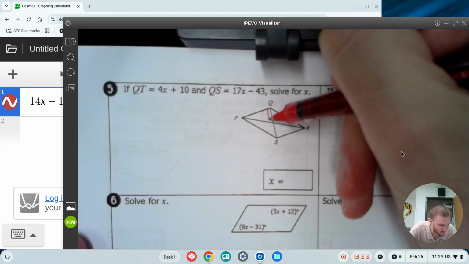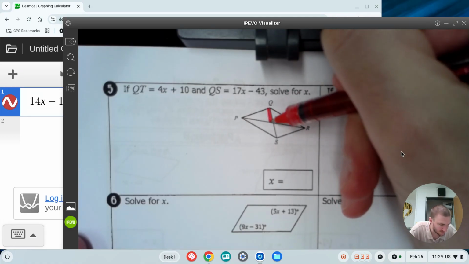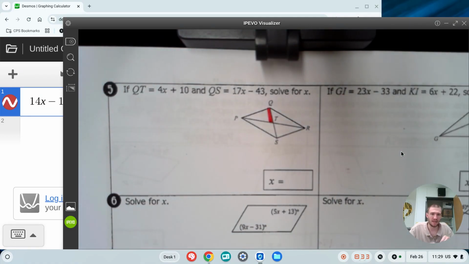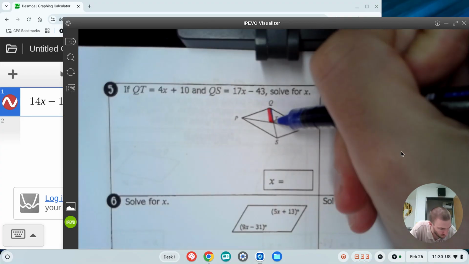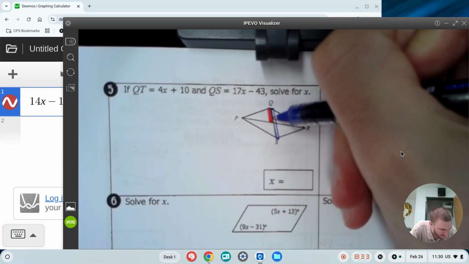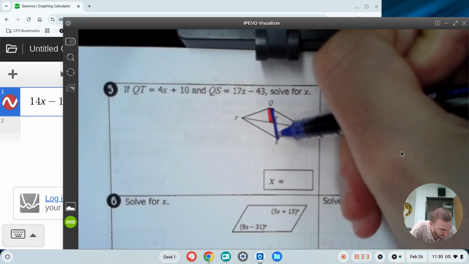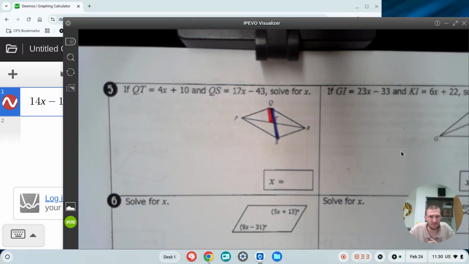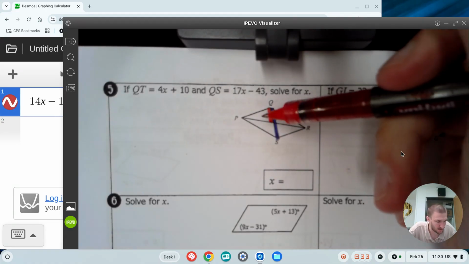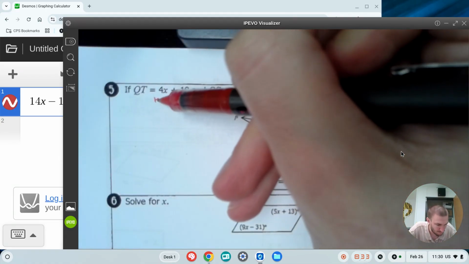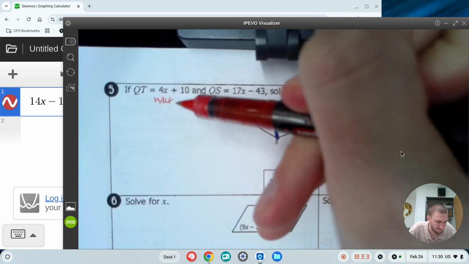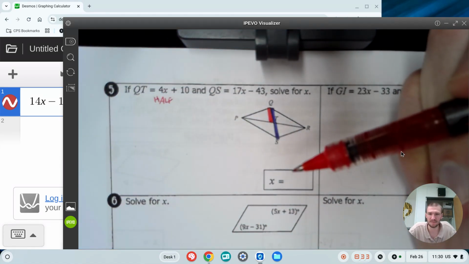We have from Q to T, which is this red part here, and then we have QS, which is this blue part here. And so we need to find a way to set this up. We know that the red part is half of the blue part.